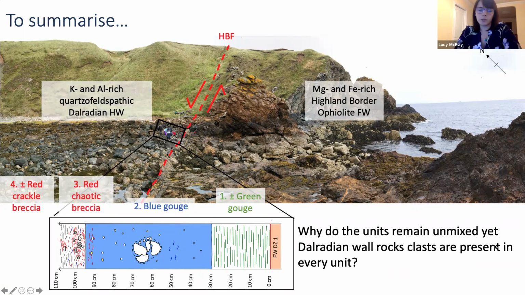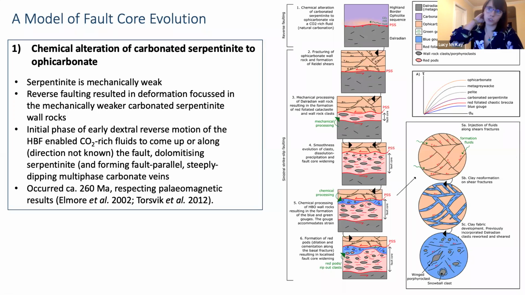So it took me a bit of time to get my head around how this fault core evolved. So I'm just going to present to you now this evolution of what I think, how these units have come to be as what we see today. So early in the fault, up in this first stage up here, you've got the Highland Boundary Fault juxtaposing the carbonated serpentinite and Dalradian wall rocks of distinct terrains.